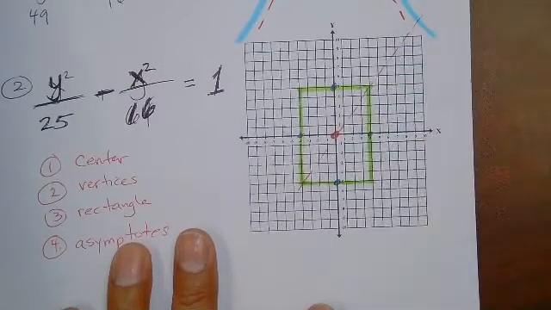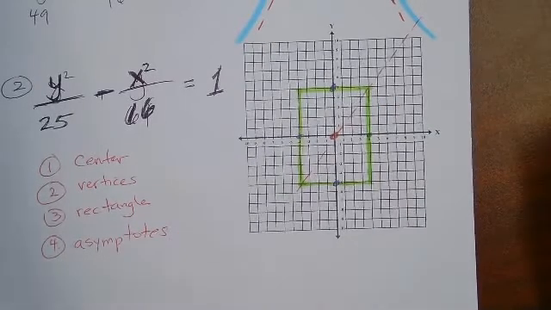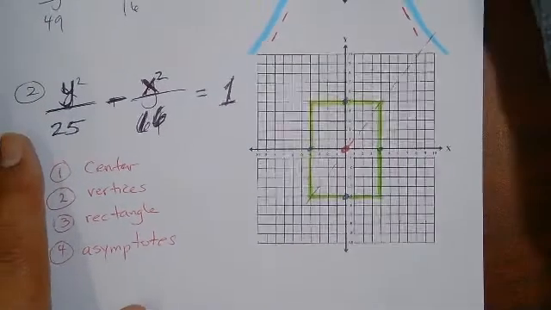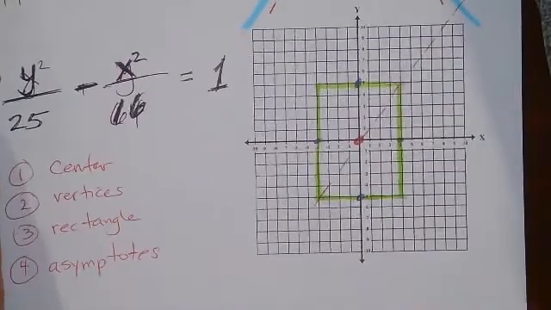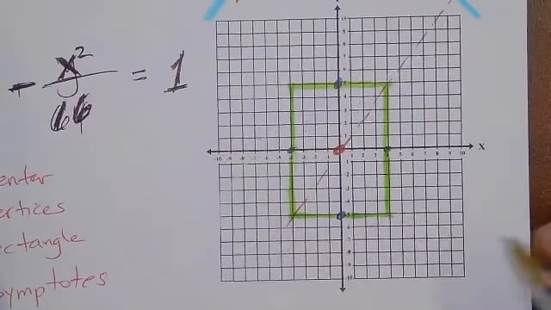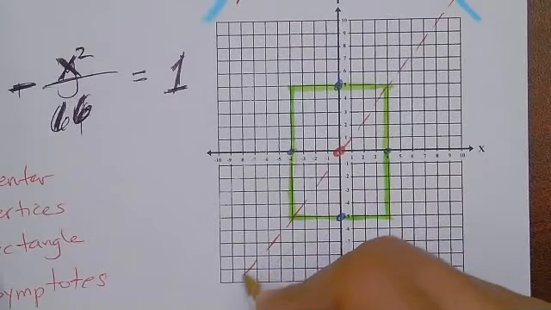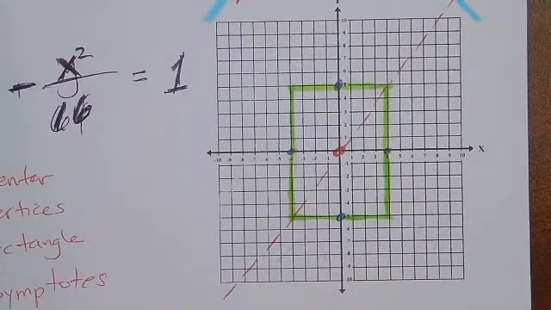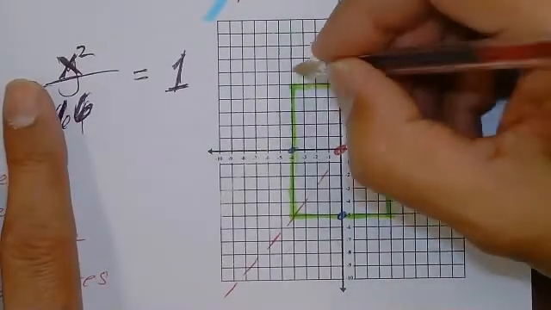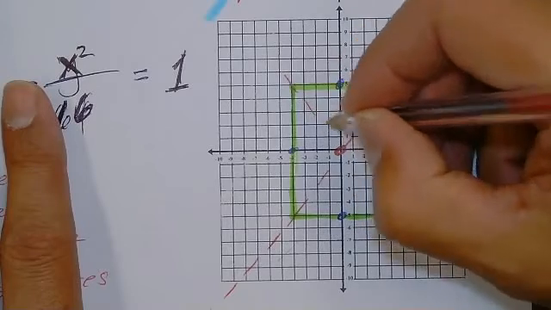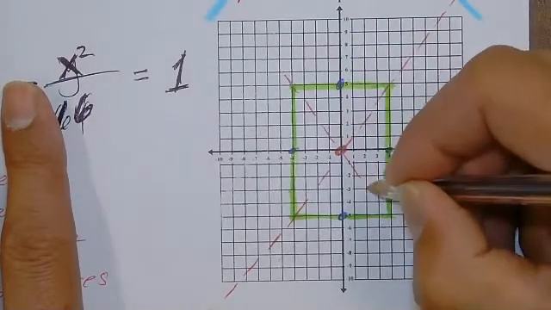Okay, some of you can freehand it. You can see that it's going to go something like that. All right, we draw the asymptotes, sketch those out like that. You can freehand it, it doesn't have to be super perfect.